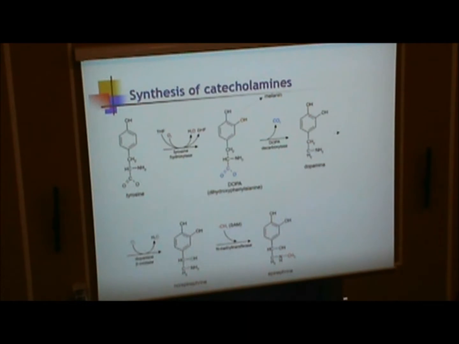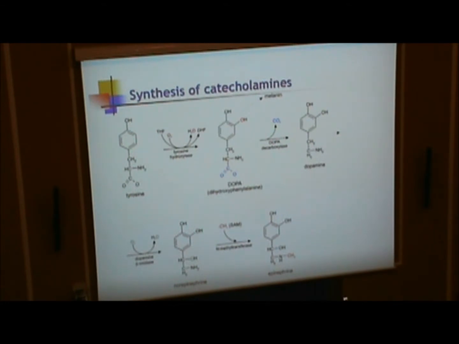Tetrahydrobiopterin is converted into dihydrobiopterin. The reaction is catalyzed by this enzyme, tyrosine hydroxylase. Tyrosine is converted into dihydroxyphenylalanine, the abbreviation is DOPA.